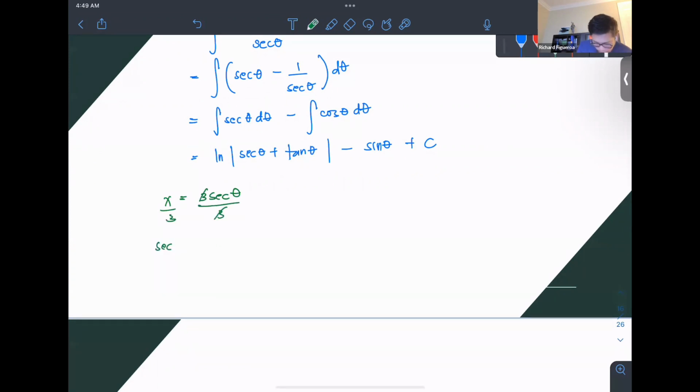So secant theta is the same as hypotenuse over adjacent side, so that is x and this is 3. So we write the triangle: hypotenuse is x, adjacent is 3. Therefore the opposite side is the square root of x squared minus 9.